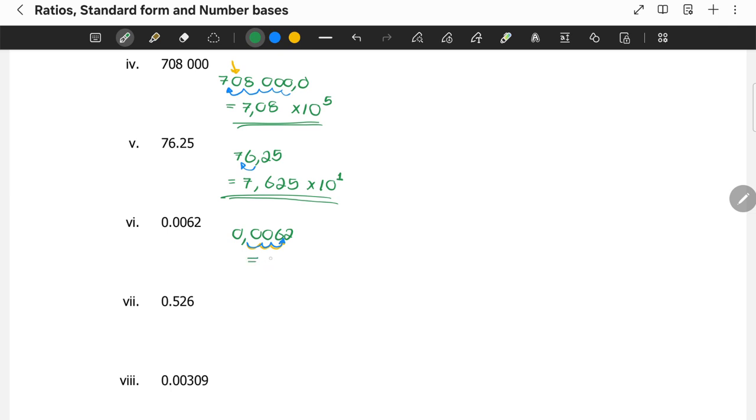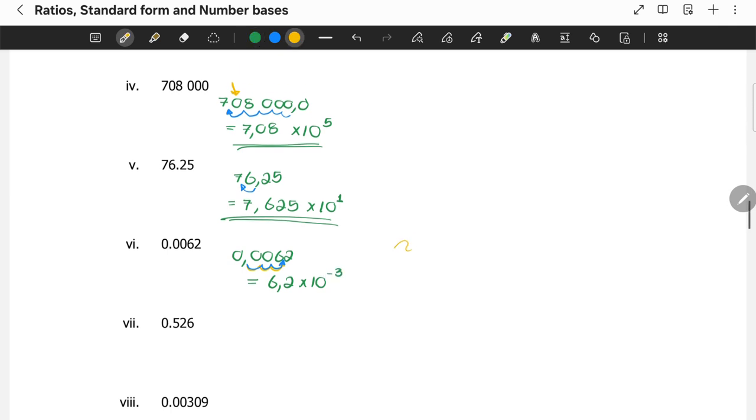We end up with 6.2 times 10 to the negative 3. As a note, the decimal moved 3 places to the right.